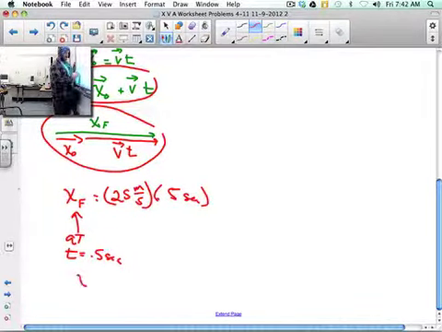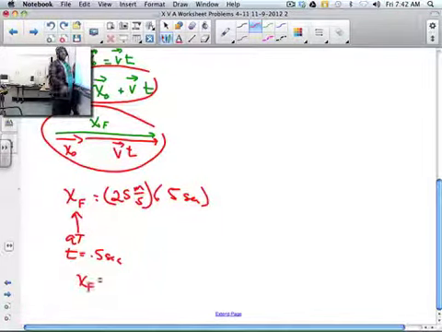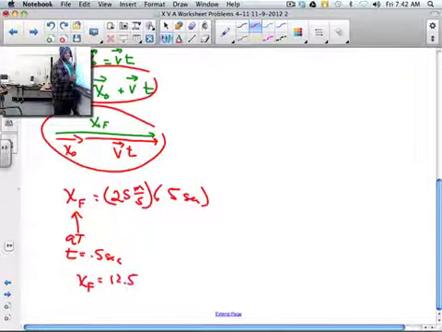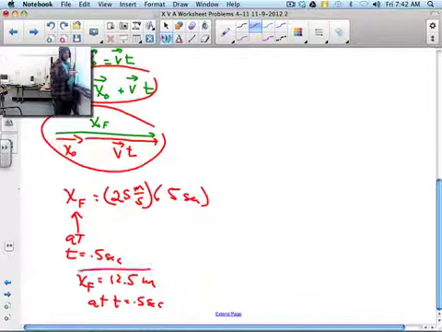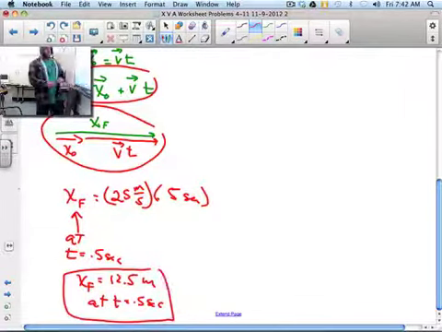So the final position of the car is going to be, what, 12.5 meters at t equals 0.5 seconds. Okay? So that part of the problem is done.